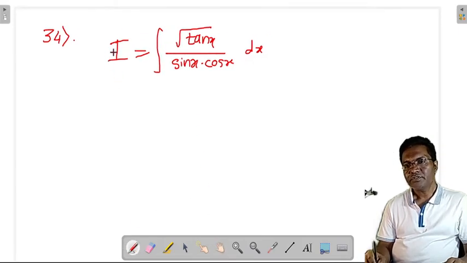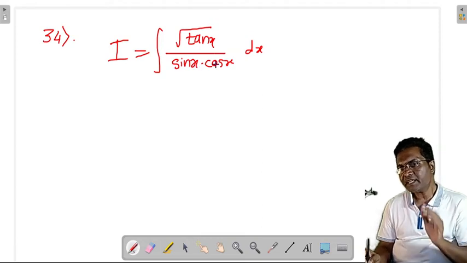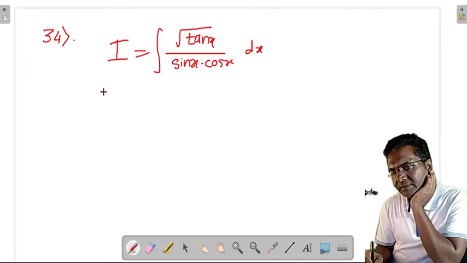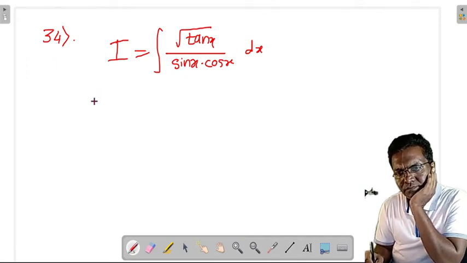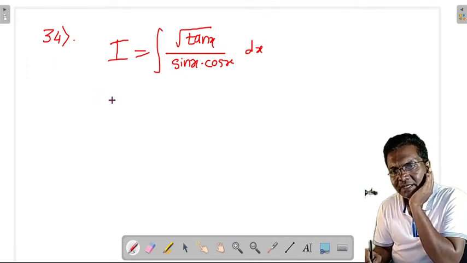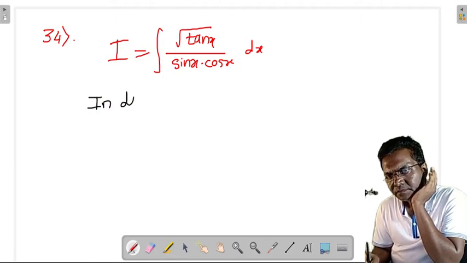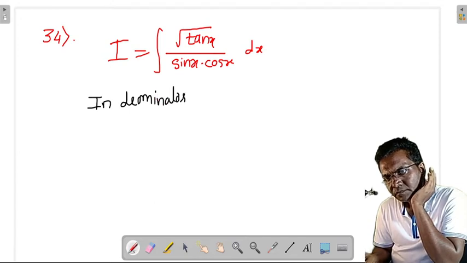Okay, so integrate square root of tan x by sin x into cos x dx. Here I make one arrangement. In the denominator, multiply and divide by cos x.